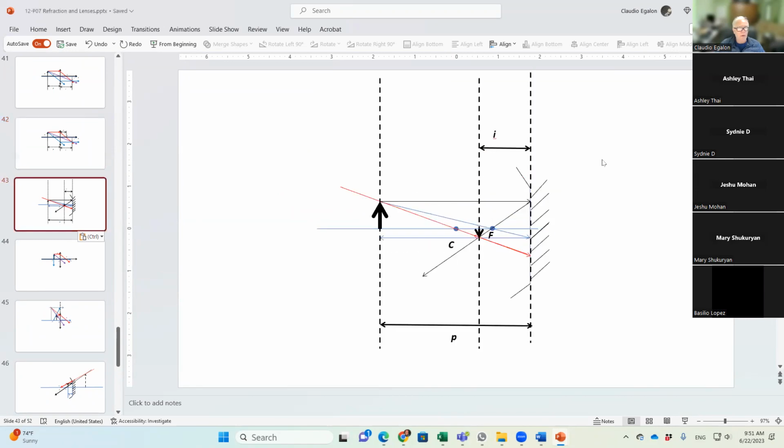Real image for a mirror. Let's see what's going on here. Oh yeah, the mirror is not very visible, it's almost invisible because of this line.